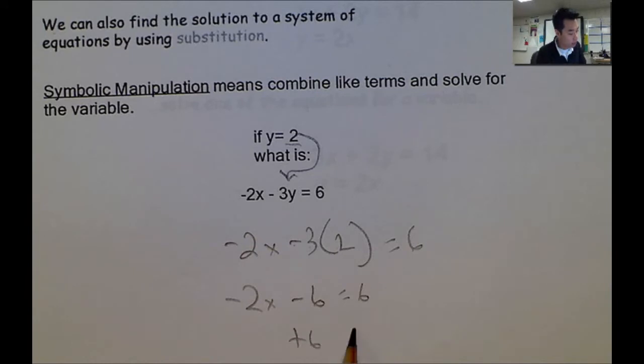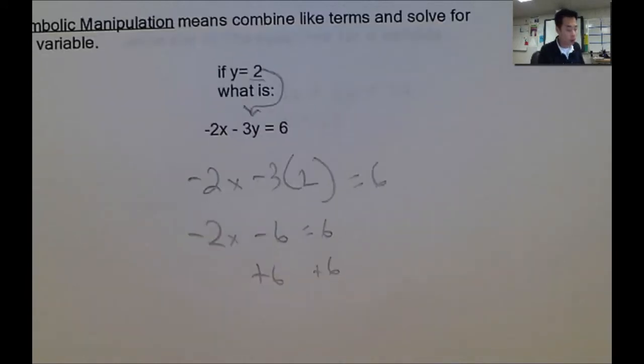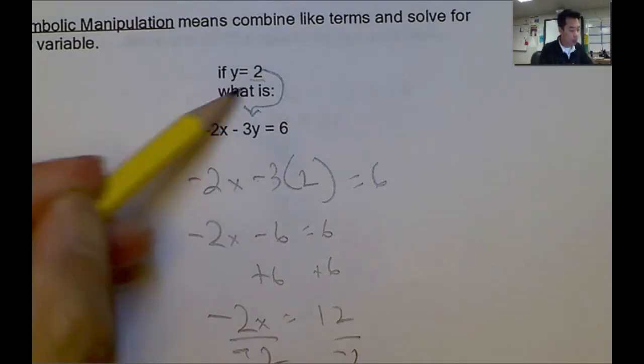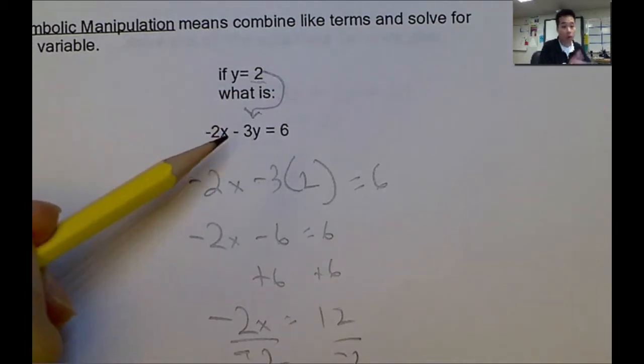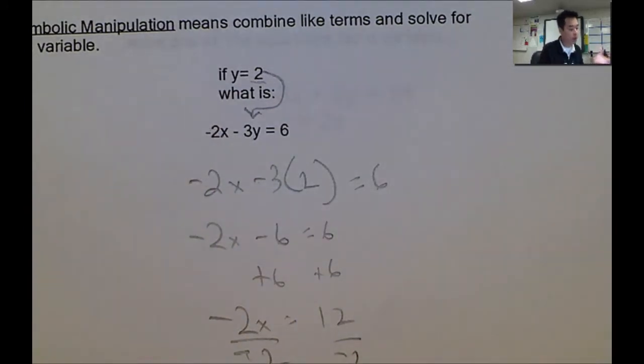Add 6 to both sides. I get negative 2x is equal to 12. I divide both sides by negative 2, and x is equal to negative 6. And if I put that in, negative 6 and 2, that should all work out. The left side equals the right side.